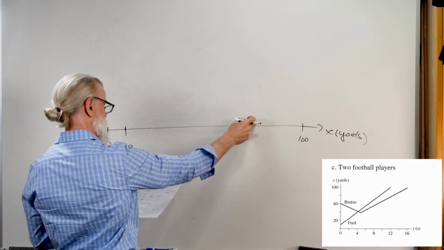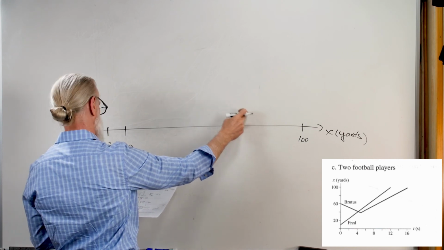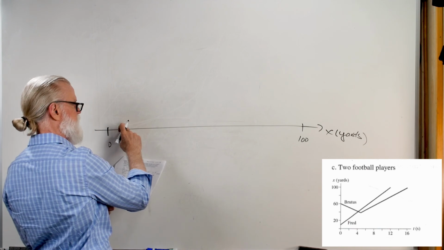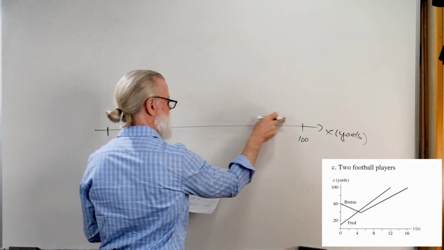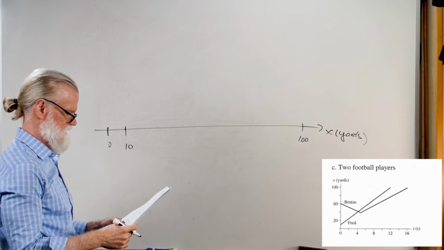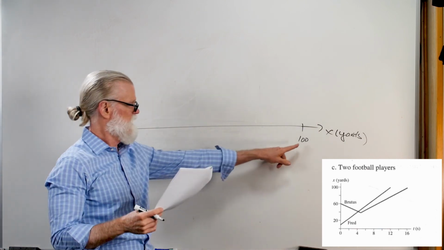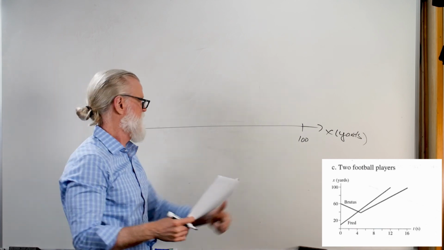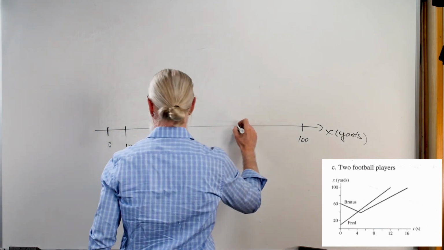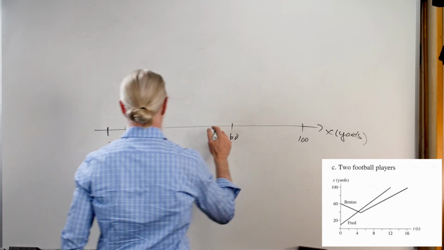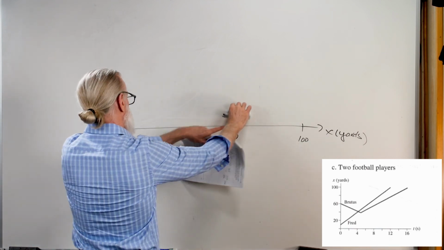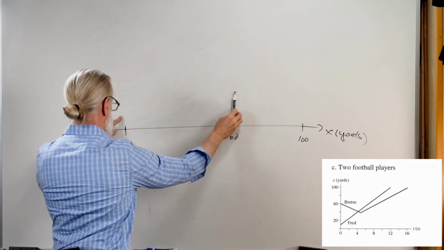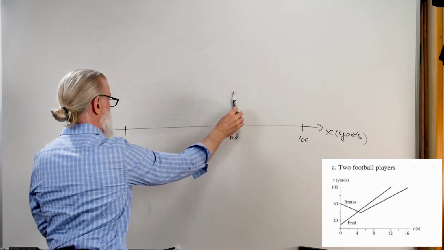So it looks like they kick the ball off, and the problem starts when Fred gets the ball. And he's going to start running this way. And he's just going to run at a constant speed till he gets to the end zone at the 100-meter point. And Brutus starts at 60, so he's like here. They kick the ball, and here's Brutus, here's Fred.